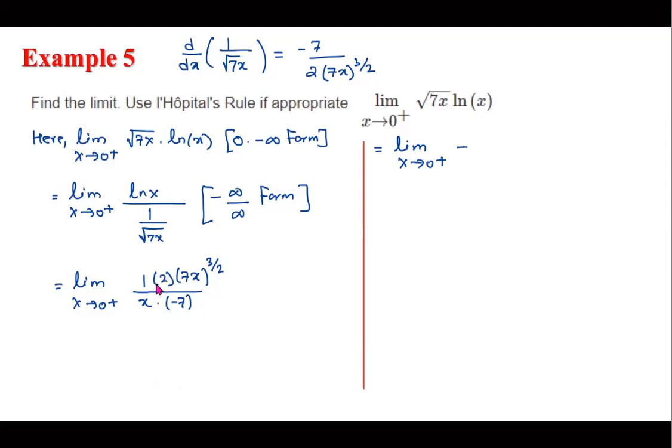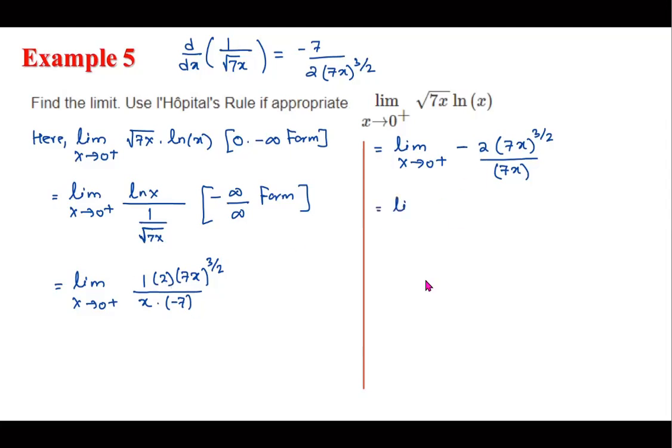And then I'm going to keep this 2 first, negative 2. And then in the numerator, we have 7x raised to 3/2, and in the denominator, we have 7x. So 7x raised to 3/2 in the numerator, and then 7/2 in the denominator.